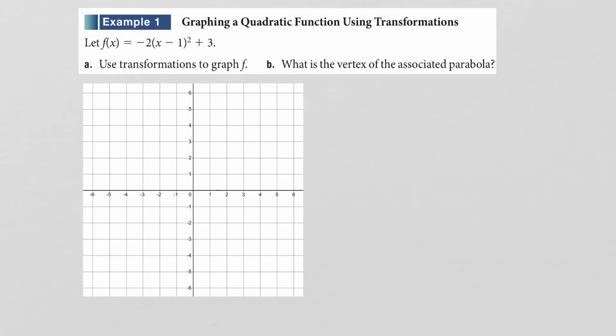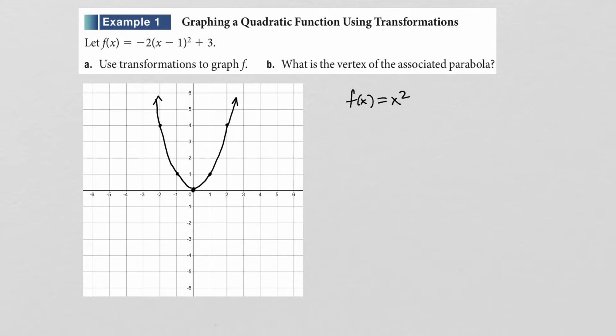To use transformations, we would start with what we call the parent function. And the parent function for this function is f of x is equal to x squared. And we know that x squared passes through the points 0, 0, 1, 1, 2, 4, -1, 1, and -2, 4. And so it has this shape.